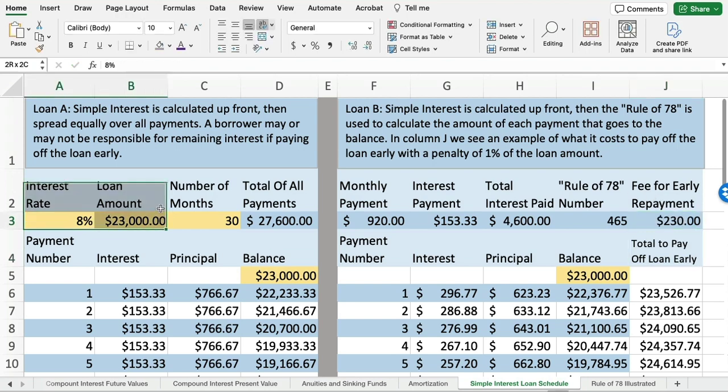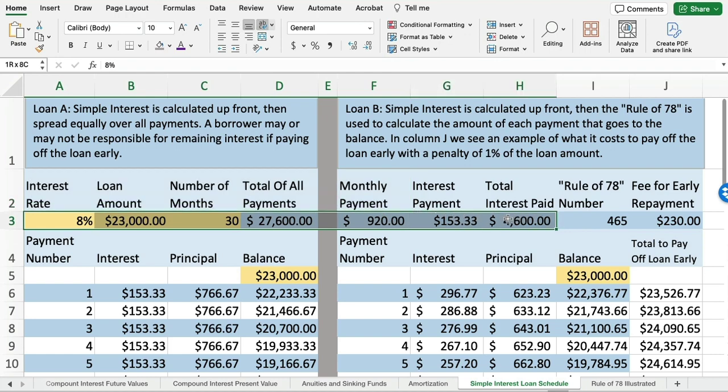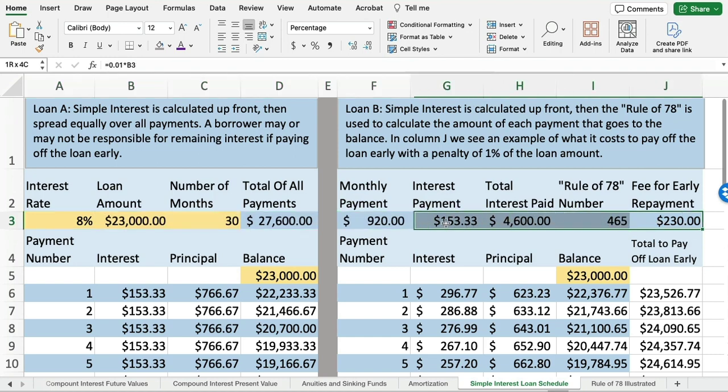So what we've just done is we've gone across and set this up without going any further down. Even if we didn't do anything with rows 4 and below, we have enough numbers here that we would be able to do some basic calculations and figure out the difference between our two loans.